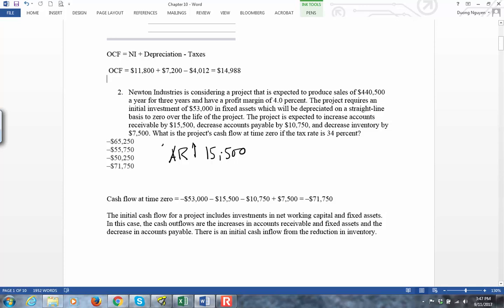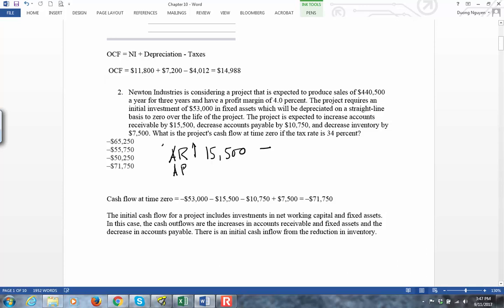It is the amount of money that the customers owe the company. If customers have not paid yet, that would reduce the amount of cash at time 0. So that is why you have to deduct 15,500, because account receivable increases by 15,500.